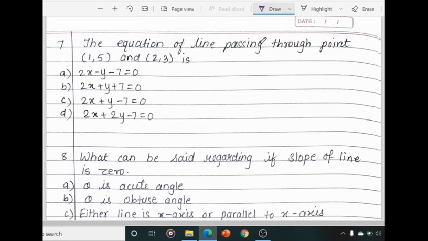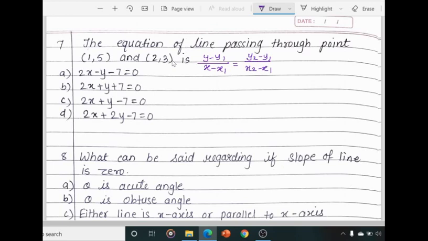The equation of line passing through points (1, 5) and (2, 3) is. There are 2 points given, so we know the 2-point form is given by y minus y1 upon x minus x1 equals y2 minus y1 upon x2 minus x1. This is the 2-point form.